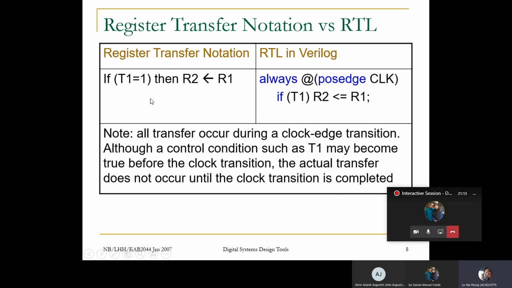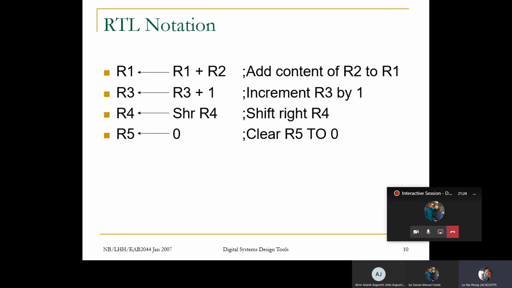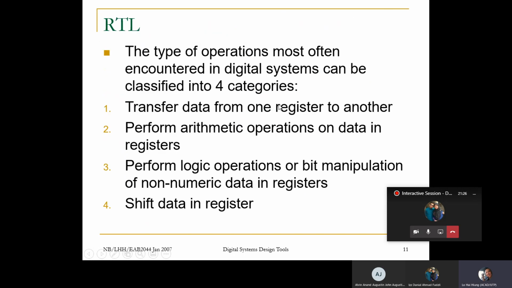This is with conditions. If T1 is 1, then we transfer data. We move the data from R1 to R2, and so on. There are more notations I listed in the lecture slide, but I will not go through them one by one. You can read them on your own.